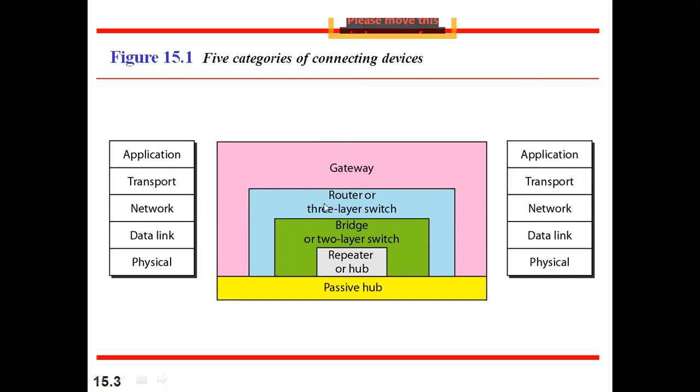So this is also a switch, but instead of using the MAC address, it uses an IP address to decide to which link or which channel or which port number the packet has to be sent. So a router works in 3 layers. This router is actually used for connecting larger LANs. The bridge can be used for smaller LANs. The router can be used for wide area networks, which connect bigger LANs.